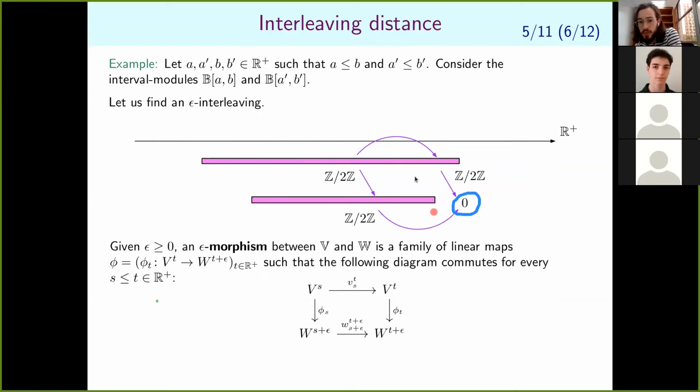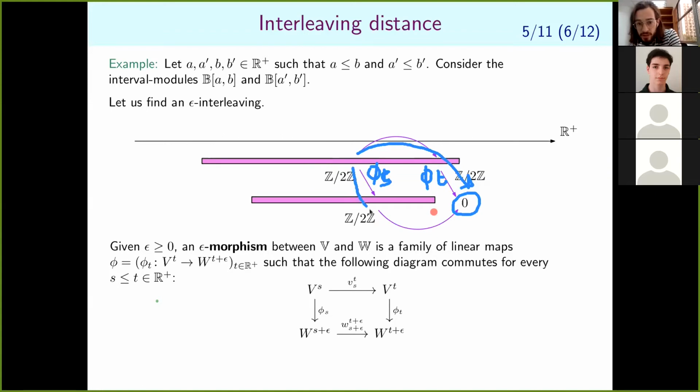But now it doesn't matter what is phi t and phi s, because this composition is obviously 0 because its image is 0.